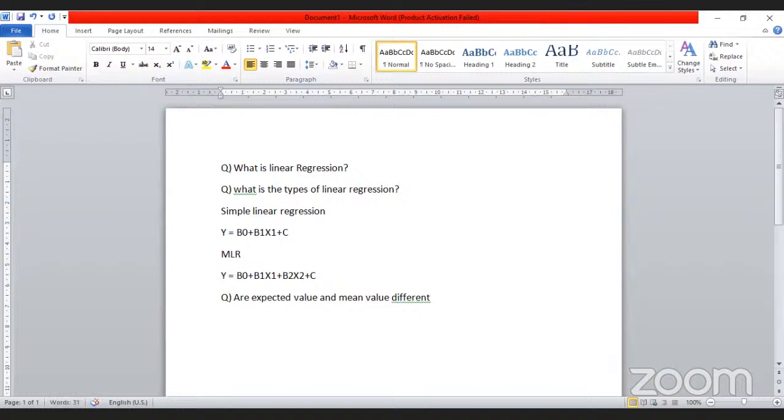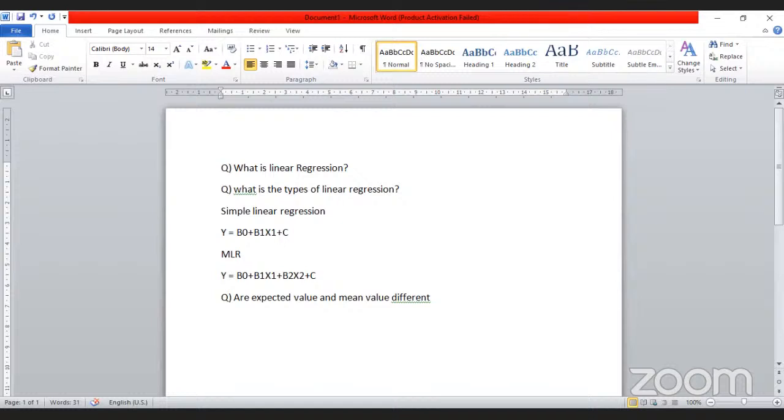So if I try to explain the answer to this question: what are the expected value and the mean value? Are they different? The answer to this question is, they are not different. They are not different, but the terms are used in different contexts.